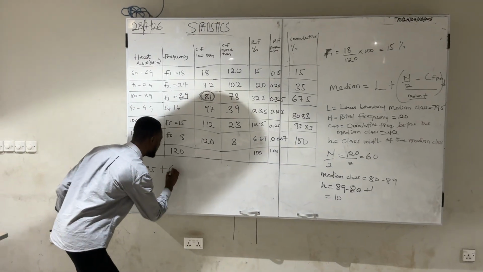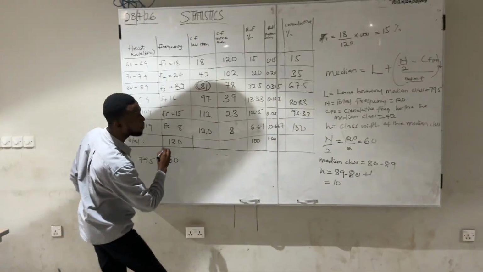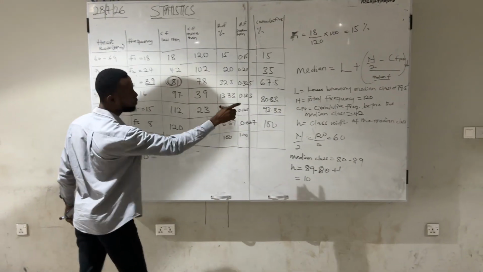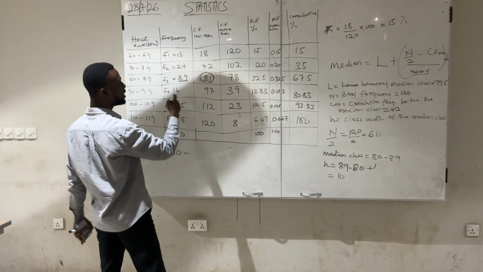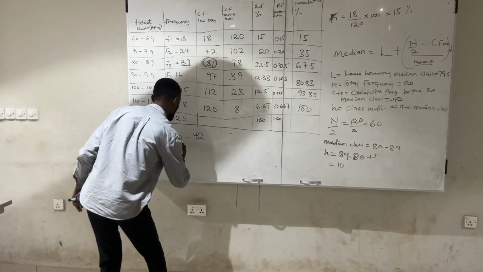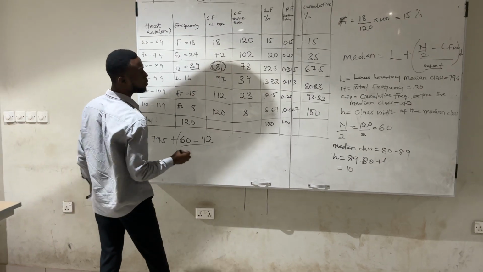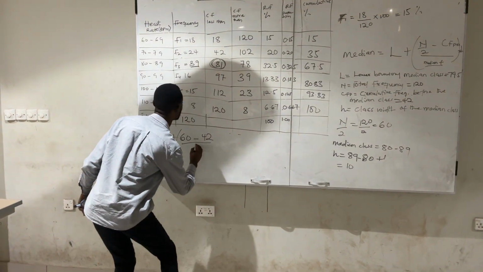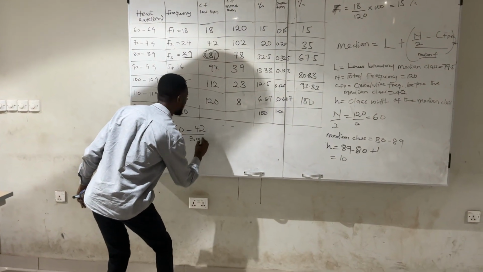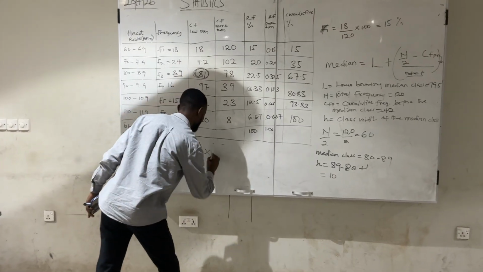So plus, in brackets, 60 minus the CF before the median class, which is 42, all divided by the median frequency, which is 39, times the class width, which is 10.